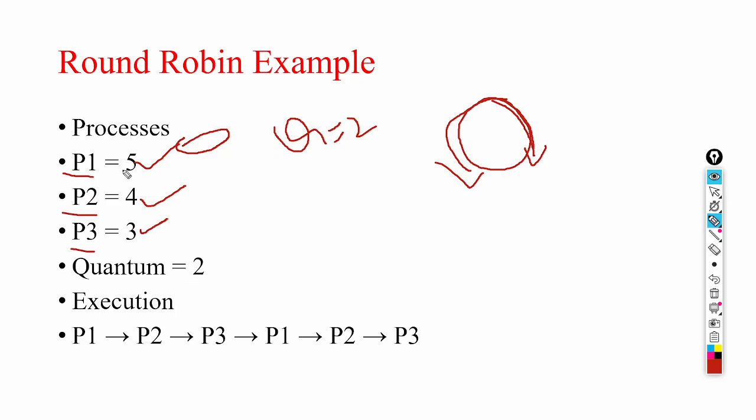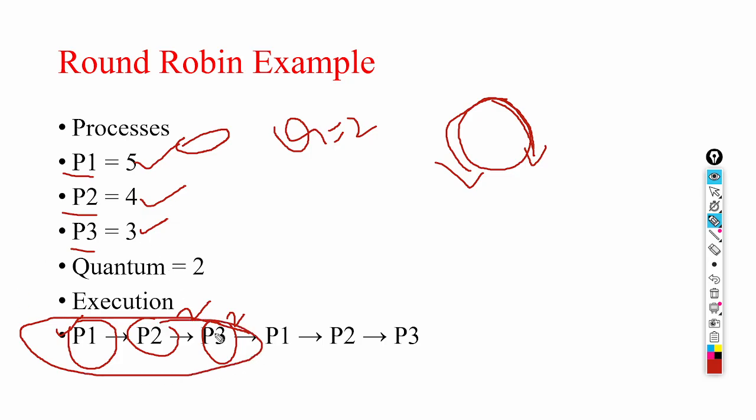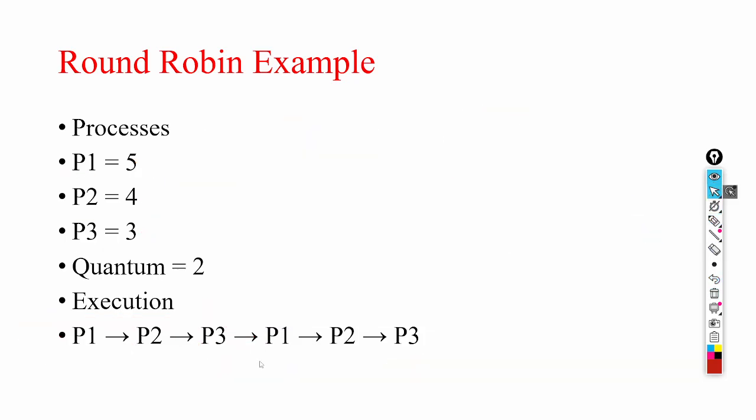P1 has a value of 5, so how much will it execute? Only 2 milliseconds. Again P2 processes only 2 milliseconds. Again P3 processes only 2 milliseconds. If these processes are not completed in 2 milliseconds, they go back to the ready queue. P1, P2 and P3 keep rotating until the processes are completed. Okay.